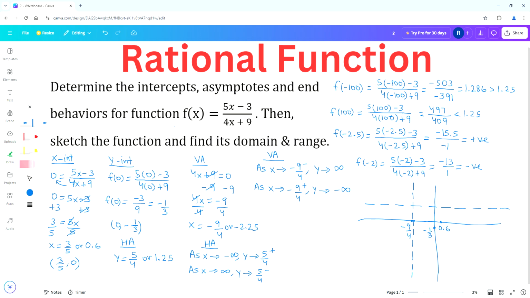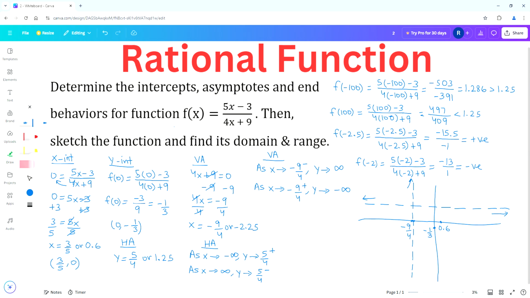Now we can show the end behaviors. On the left side of the x-axis, the graph approaches the horizontal asymptote from above. On the right side, the graph approaches the horizontal asymptote from below. On the left side of the vertical asymptote, the graph approaches positive infinity.